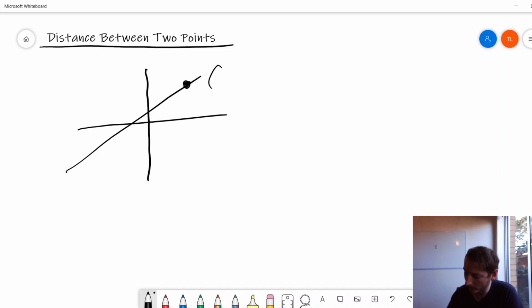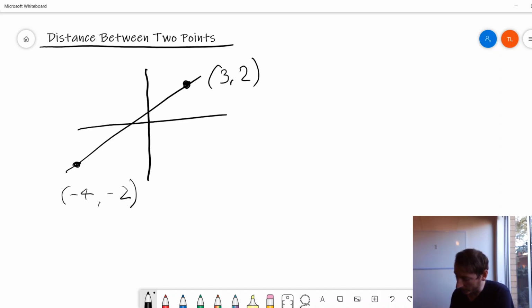We've got a point here, which is 3 across, 2 up. Let's say a point here, which is 4 back, and 2 down. So we've got the points (3, 2) and (-4, -2). To find the gradient, we would draw in the run and the rise, and work out how long each one is.